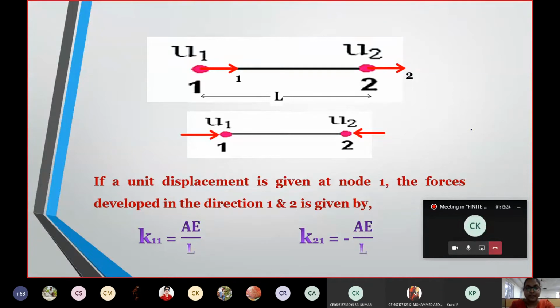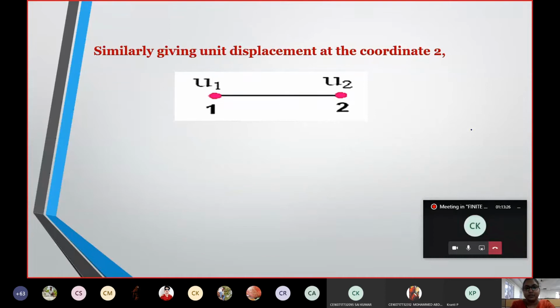Very good. Now can you write the other terms? I am similarly giving the unit displacement at coordinate 2. When I give unit displacement at coordinate 2, what will I get? I get the K22 term. That is unit displacement at coordinate 2, and the force required is also at coordinate 2, both in the same direction, so it will be positive.